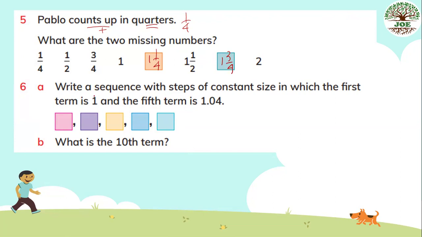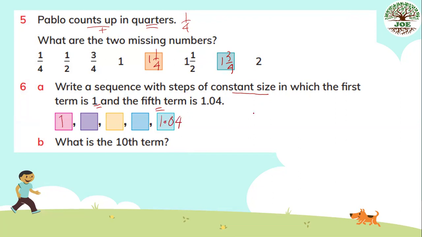Number 6, write a sequence with steps of constant size. Steps of constant size means we add or subtract an equal amount each time, in which the first term is 1 and the fifth term is 1.04.